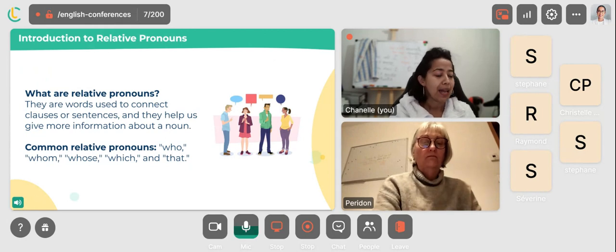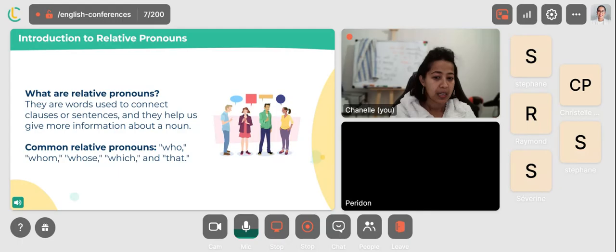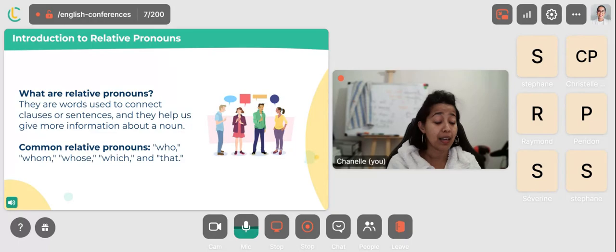What are relative pronouns? Relative pronouns are words used to connect clauses or sentences, and they help us give more information about a noun.